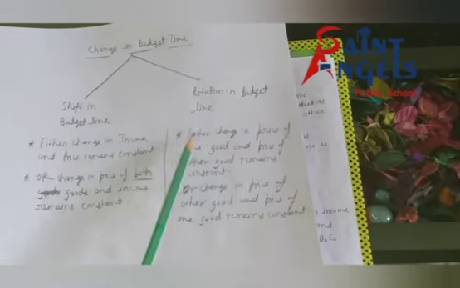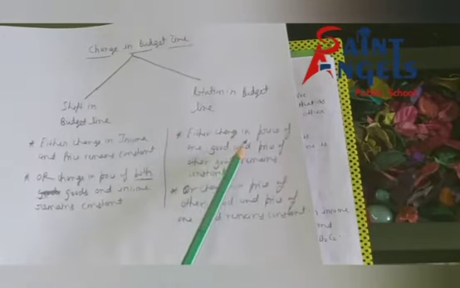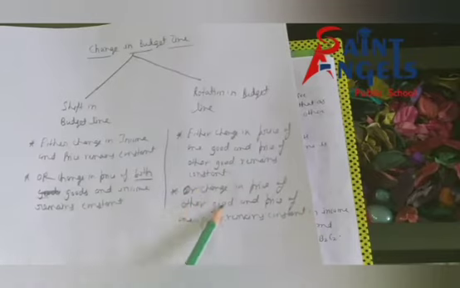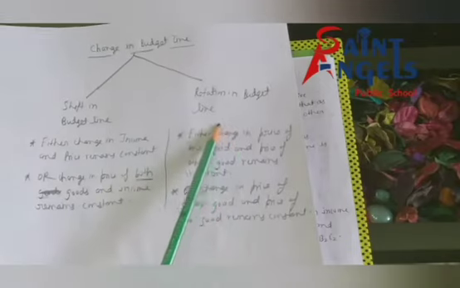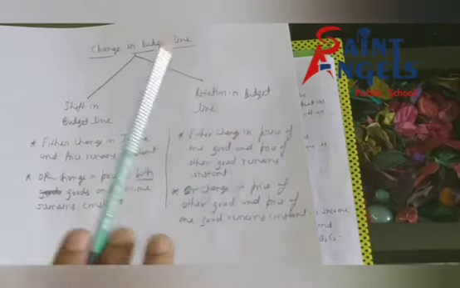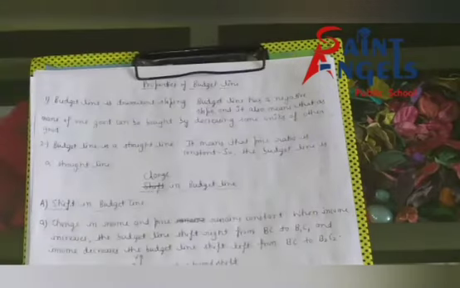Either change in price of one good and price of the other good remains constant, or change in price of the other good and price of one good remains constant. See, there is no role of income.